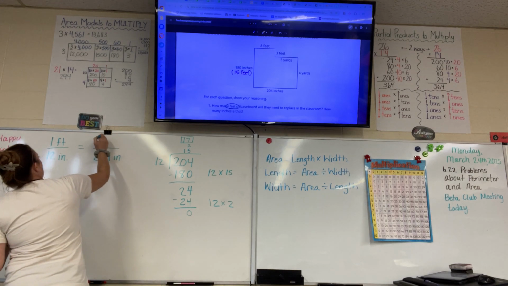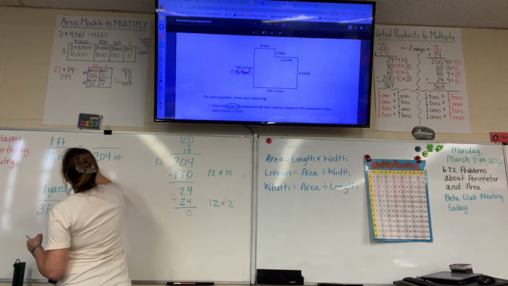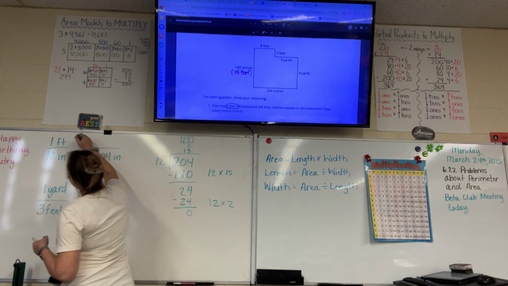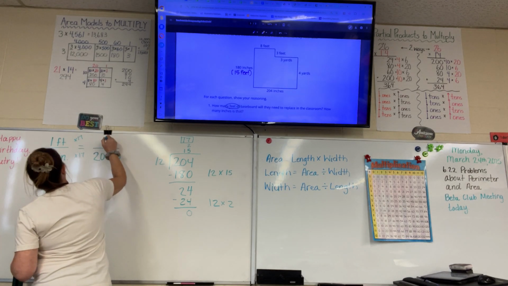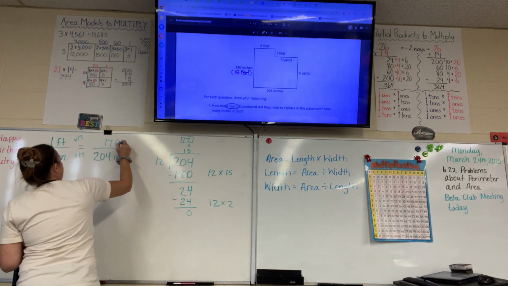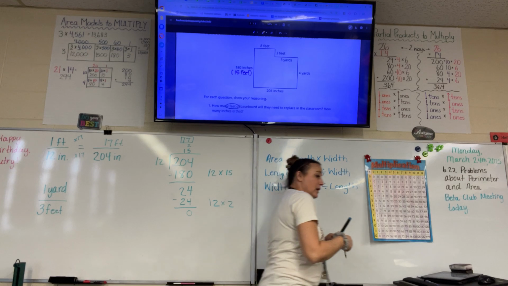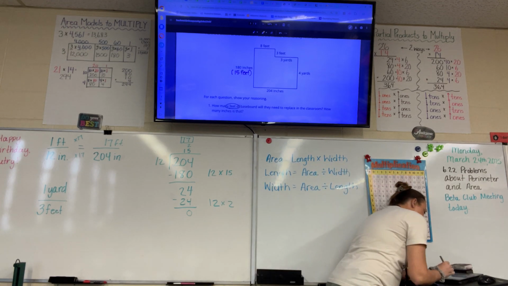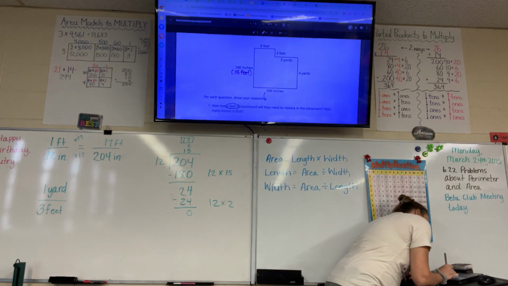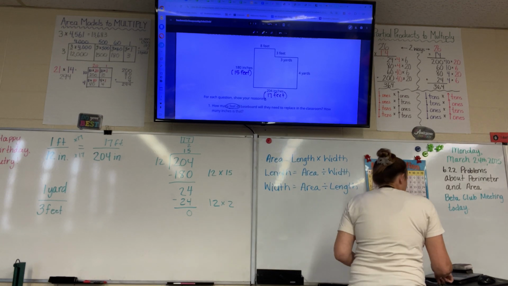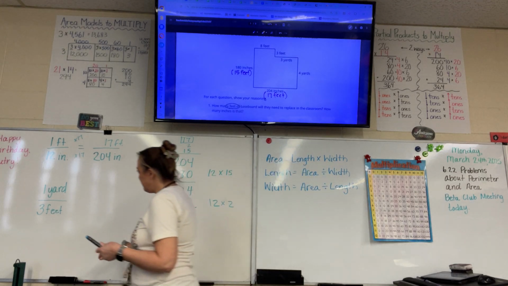So 12 times 17 is 204. So 1 times 17 is 17 feet. So now we're going to go to 204 inches, and underneath it in parentheses, write 17 feet. Now we've turned the inches into feet.